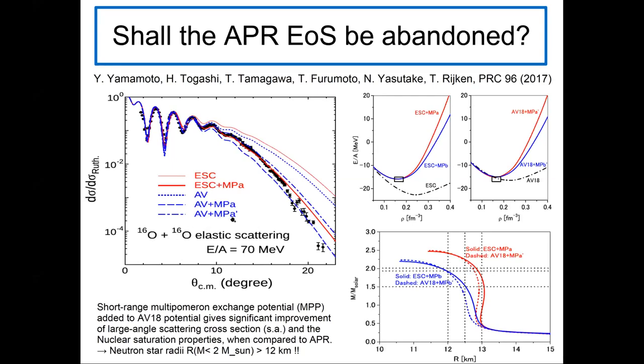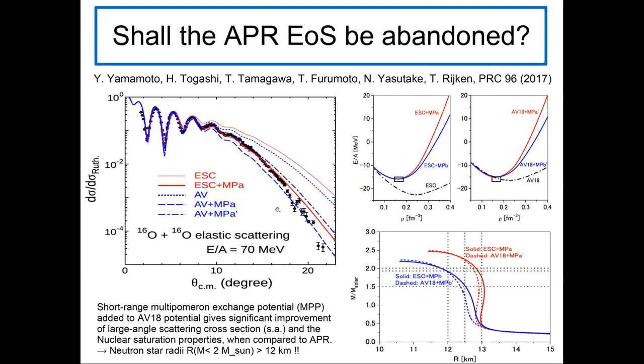And as a theoretical model for this, the authors have used the multi-pomeron exchange potential and have parameterized it in order to describe these data. So let us focus on the AV18-based potential model here, the blue lines. And on the right-hand side, you see the corresponding equation of state.